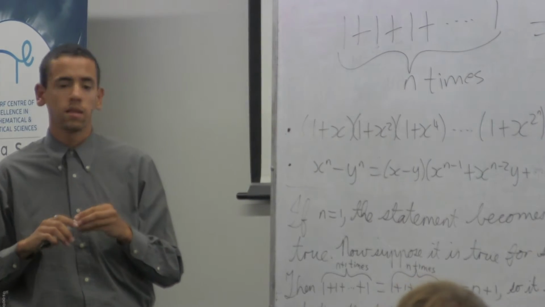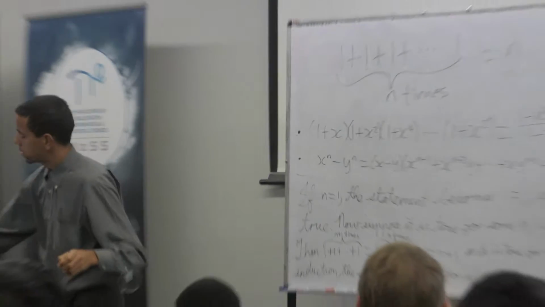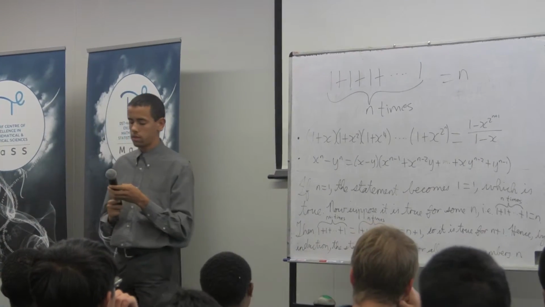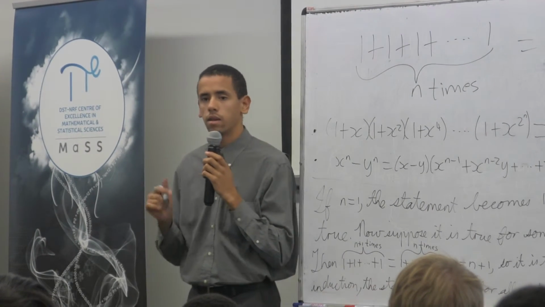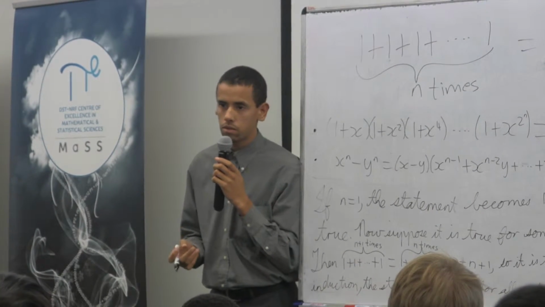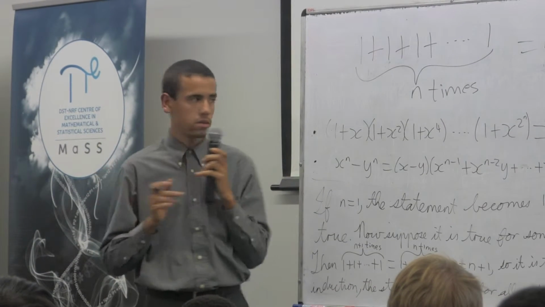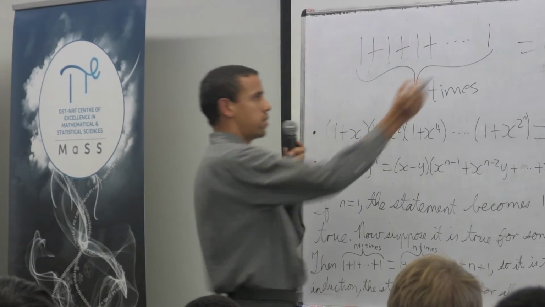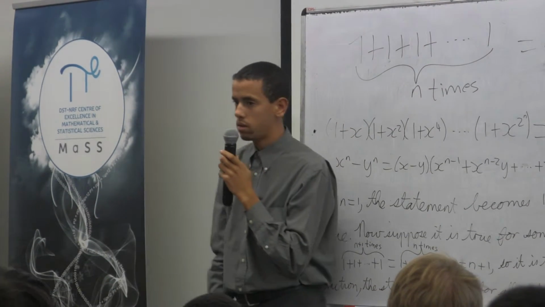I should mention that, remember the P of n that we're talking about here, P of n is not an expression. So this left-hand side, that's not P of n.